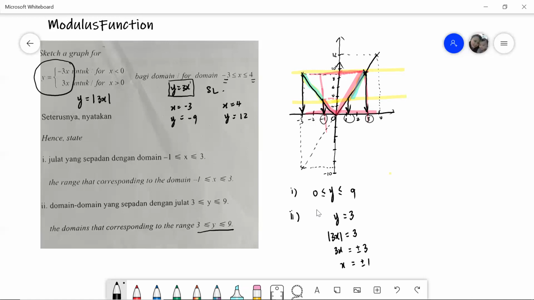So our domain, the arrows that we drew, is -3 to -1 and 1 to 3 for the green line to exist. Therefore, the domains are x within -3 and -1, and x within 1 and 3.